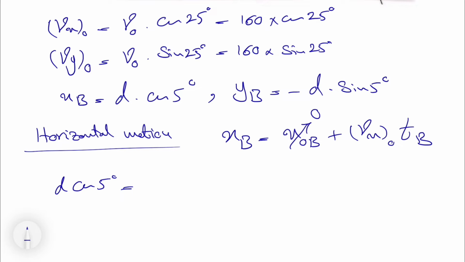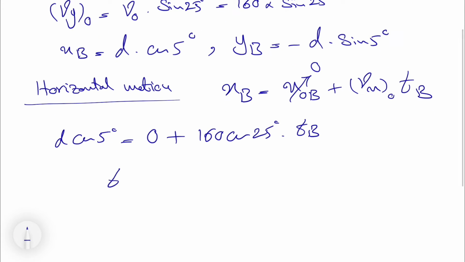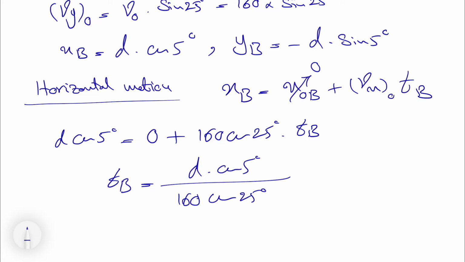And what we can get from here, we know that xb is d cosine of 5 degrees, which we found earlier, equal to the initial x, which would be 0 since this is at our origin, so there wouldn't be any initial x. And for the velocity, we already found it will be 160 cosine of 25 degrees times tb.